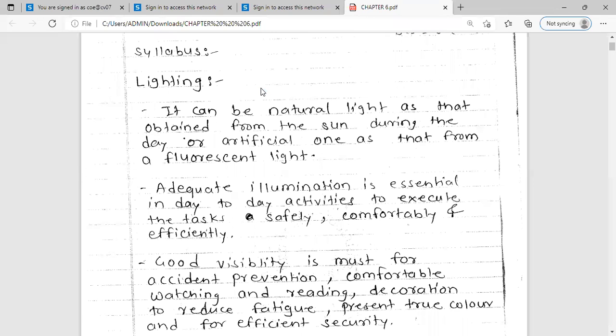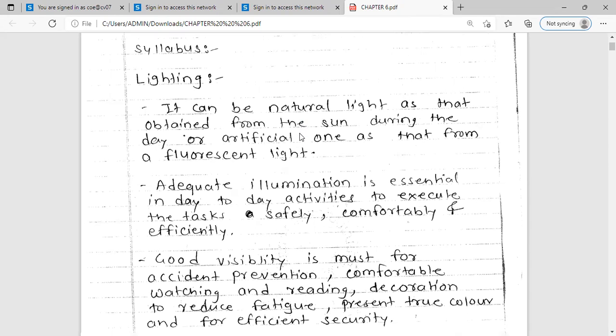Through that direction we will get only lighting, but not any ventilation. So for ventilation purpose, on other walls, we can provide windows.